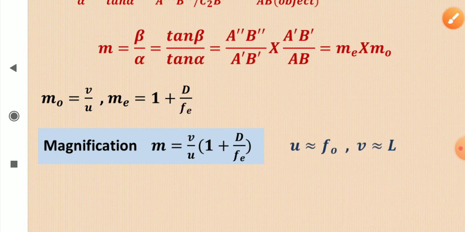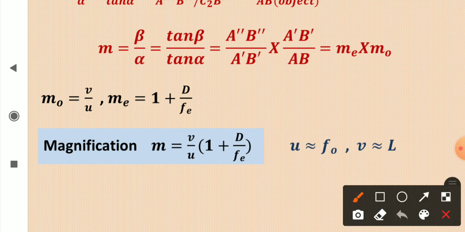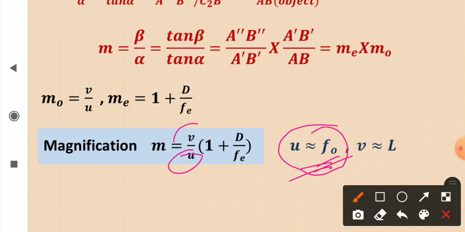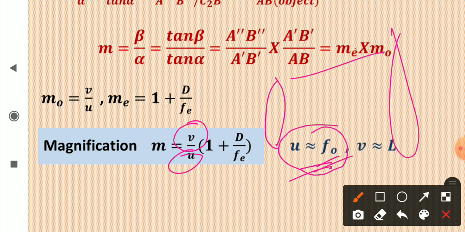And if we make some approximation, you see, the object is placed very close to the focus of the objective, just beyond it. So this U, object distance for objective, is nearly equal to its focal length. And the image is formed very close to the eyepiece. So the V is distance between the objective and the eyepiece, like it is nearly equal to the tube length.